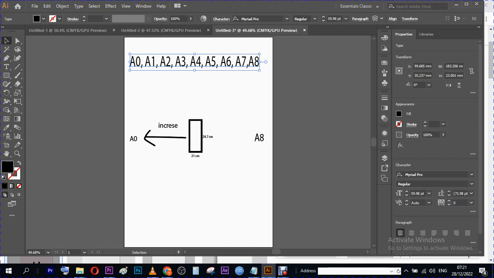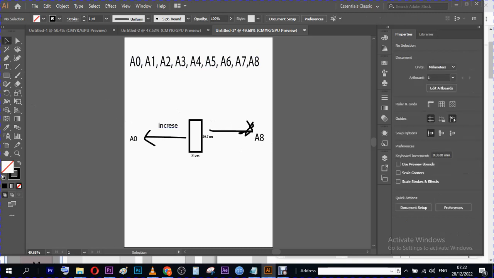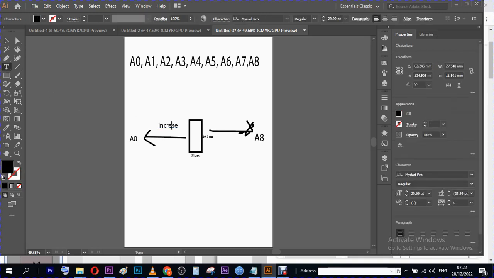An A2 is bigger than an A3 and an A3 is bigger than an A4. So as you go towards A0, the size of the page does what? Increases. And when you are moving from an A4 to an A8, the paper size decreases. Sorry for this spelling error.